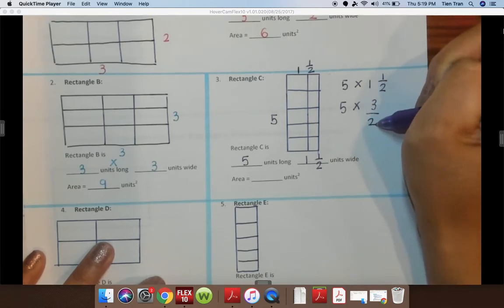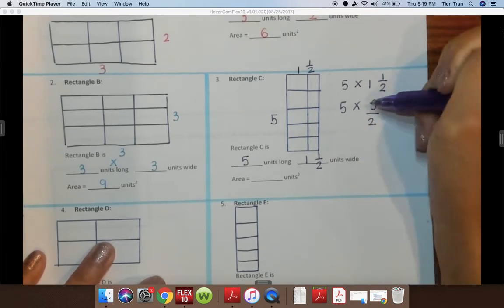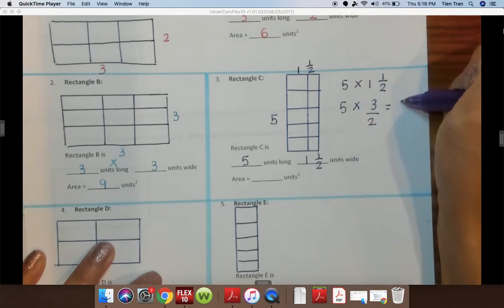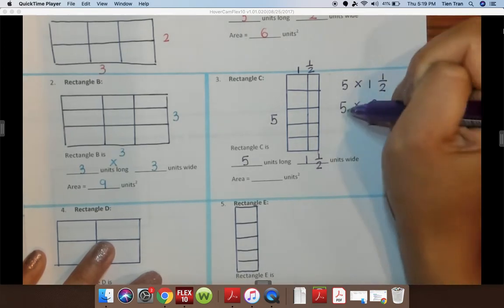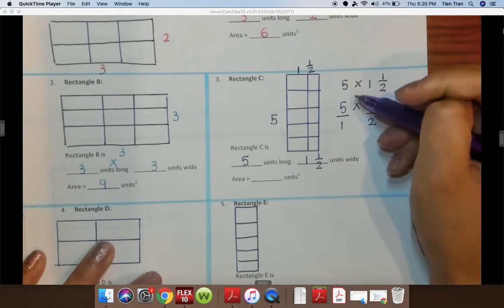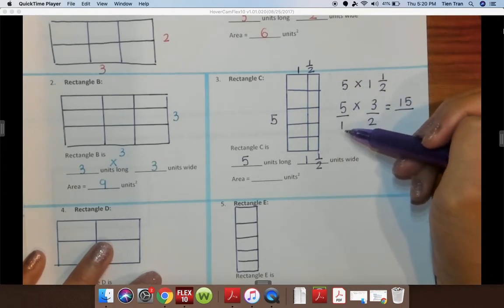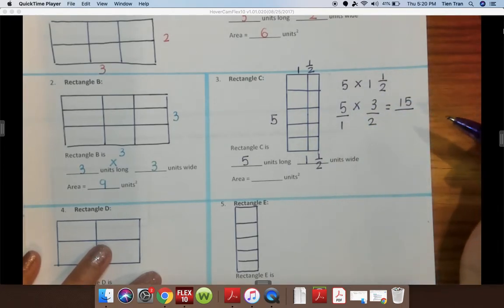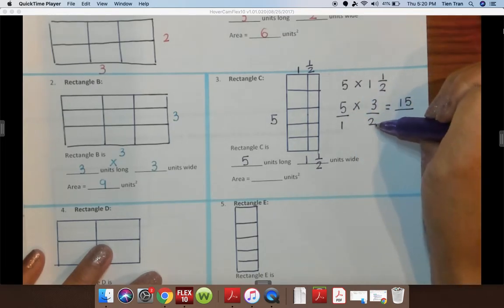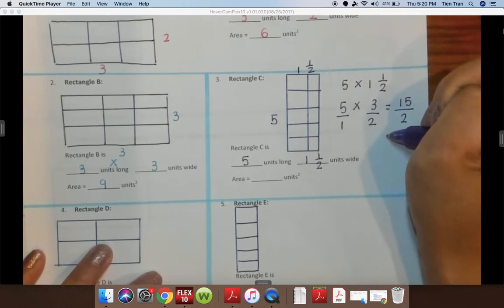So I have 3 halves. Okay? 5 times 3 is equal to 15. And if you want to put the 1 underneath because a whole number can be written as a fraction by putting a 1 underneath, then you can do that. And 1 times 2 is equal to 2.